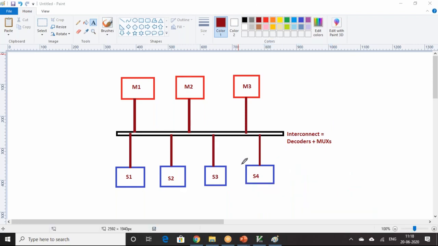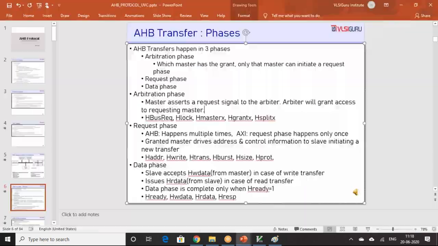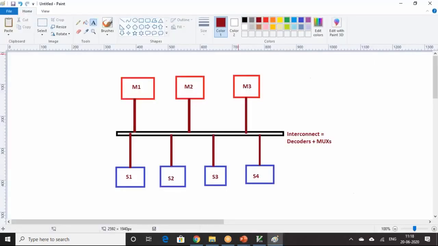So we will use this diagram to understand all our use cases of AHB. What is the arbitration phase? In this system, assume M1 is a processor, M2 is another processor, M3 is another processor. It is possible that each of them wants to make a request.